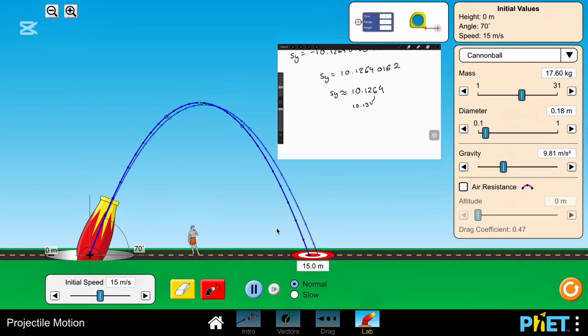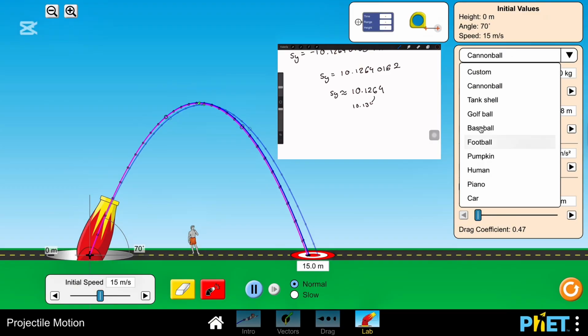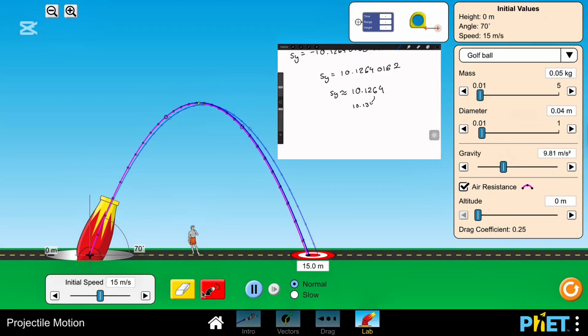But if there's air resistance, the cannonball is not that affected because of its weight. We can see very little difference. But then we have a golf ball that is lighter, and we can see that its trajectory touches the target, but far back from where it was.